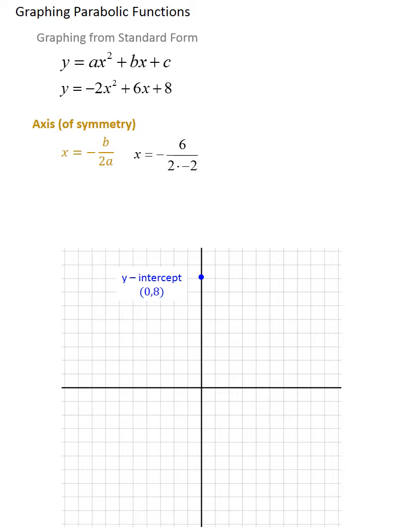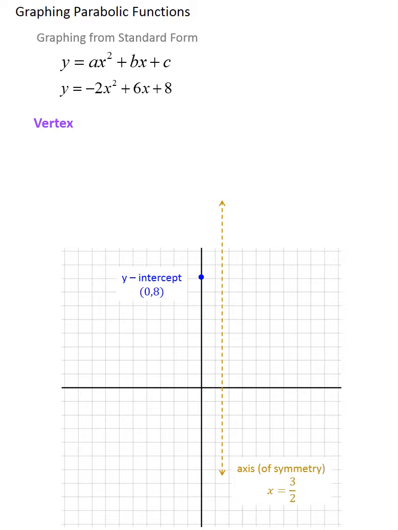But plugging in the b and a values from my problem and simplifying the fraction ultimately leads us to 3/2, and that's my axis of symmetry. By the way, 3/2 is 1.5, which is why my axis of symmetry is right here between x equals 1 and x equals 2.